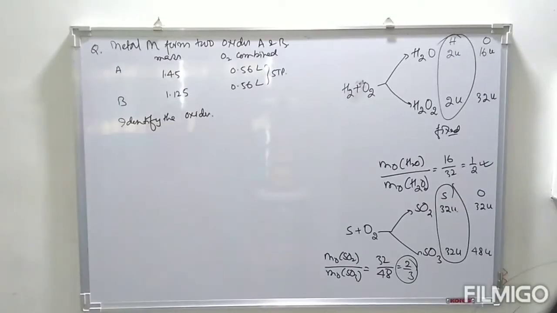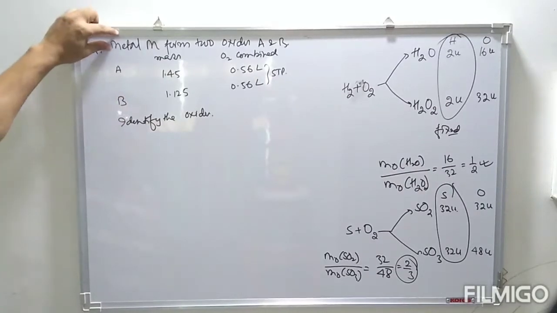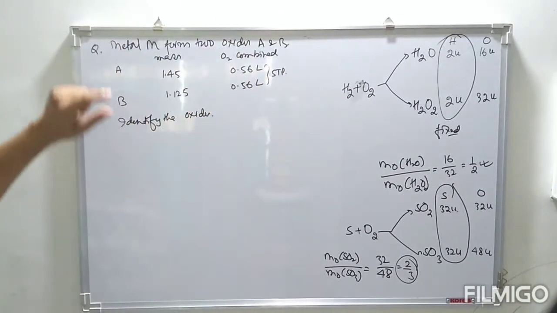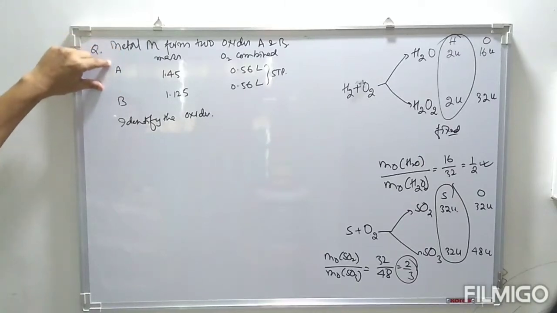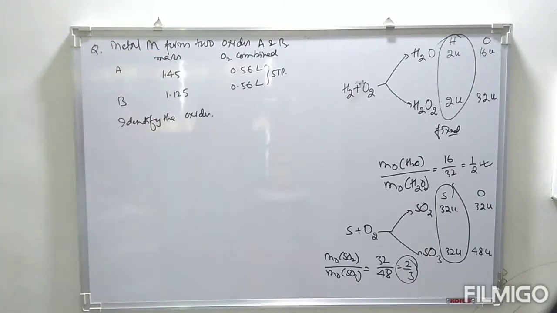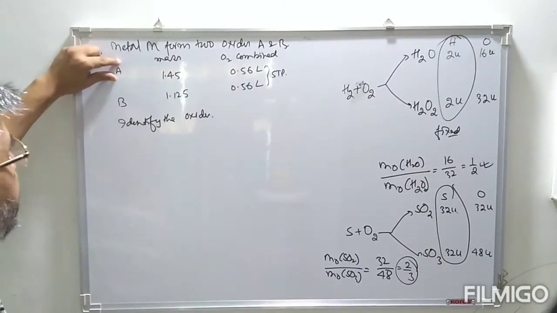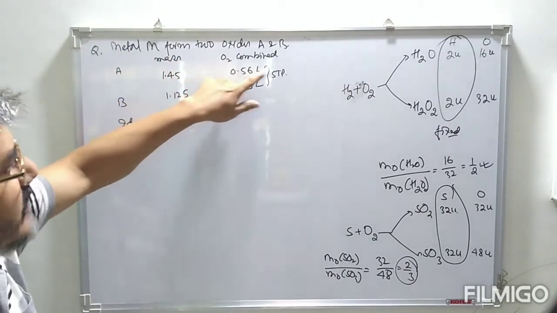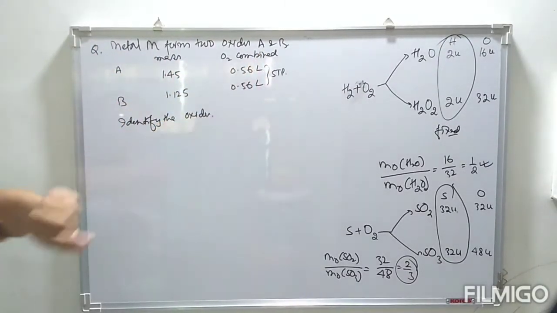Question. A metal M forms two oxides A and B, and the data for these two oxides is given. Oxide A: mass is 1.45, oxygen combined is 0.56 liter at STP.